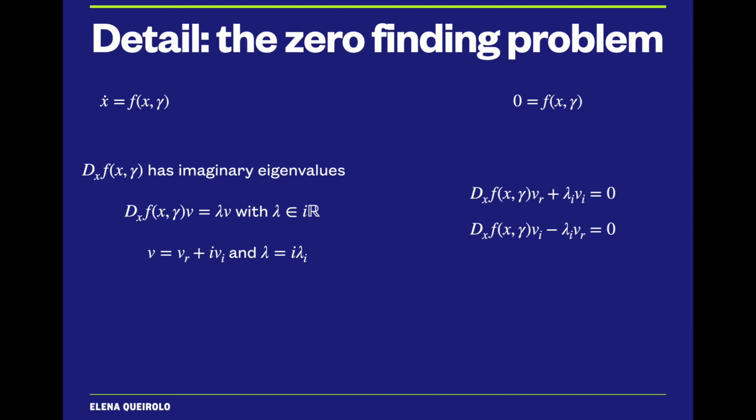So now we have added two sets of equations to our problem. They're both in the zero finding setup. We also have to add a scaling of the eigenvectors. We need two new equations to scale for VR and VI. And now we have a square system that is finite dimensional for looking for our eigenvalues and eigenvectors.